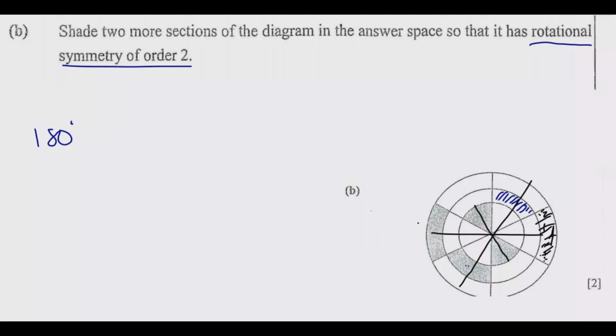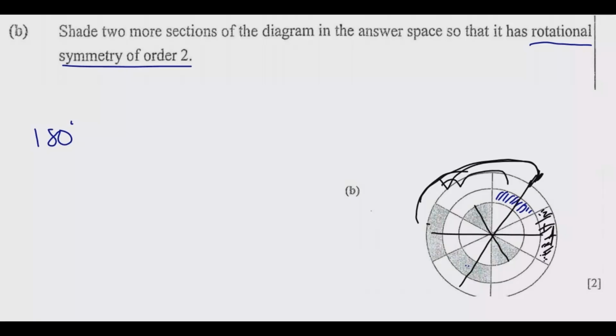So if you rotate from here, how many times? Twice. From here to here, it will be at 180 degrees. 180 degrees straight line, meaning this point comes here.